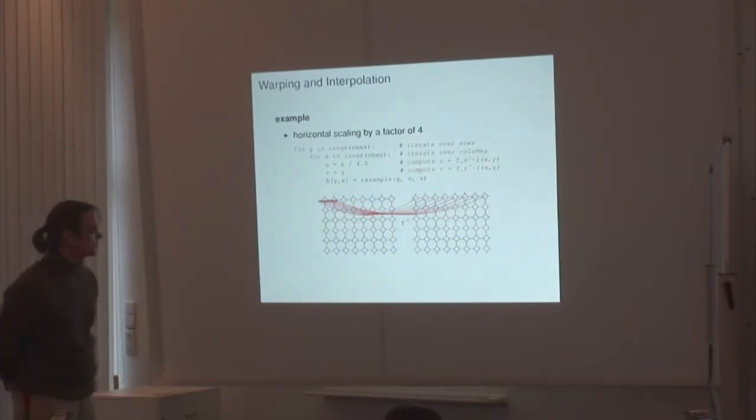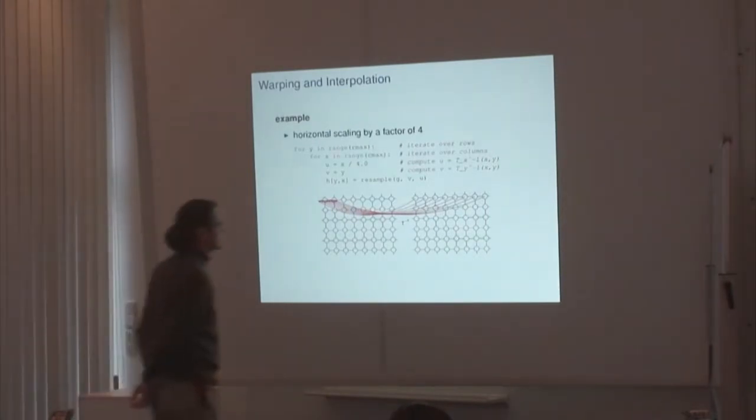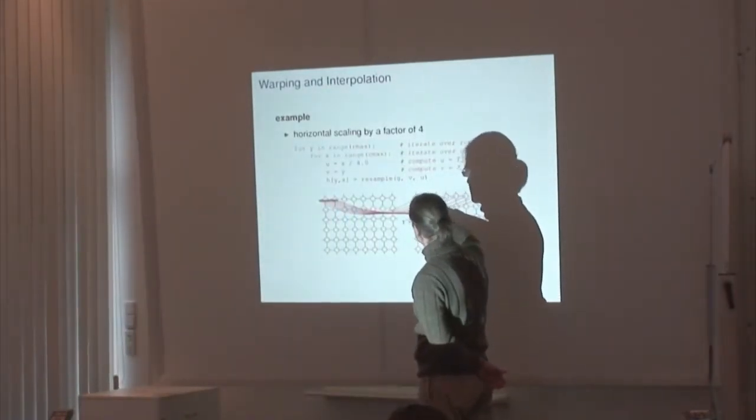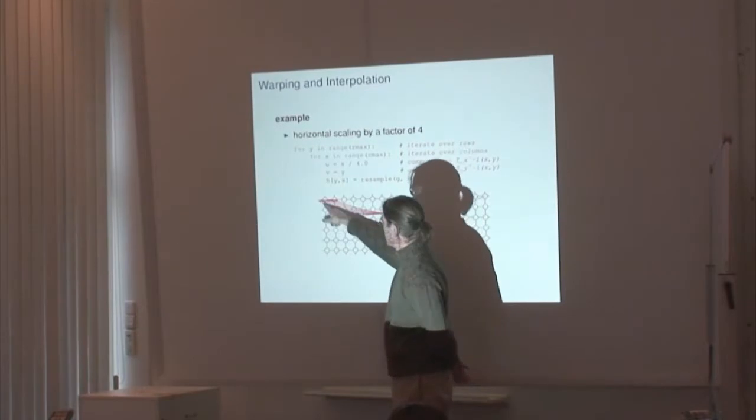Looking at this picture, what would you say is a probable difficulty with this idea of pull warping? For some pixels, there are no exact pixels. Exactly. Look, some of those arrows, let's say we go for this one here, and then I trace this back and it ends up here.